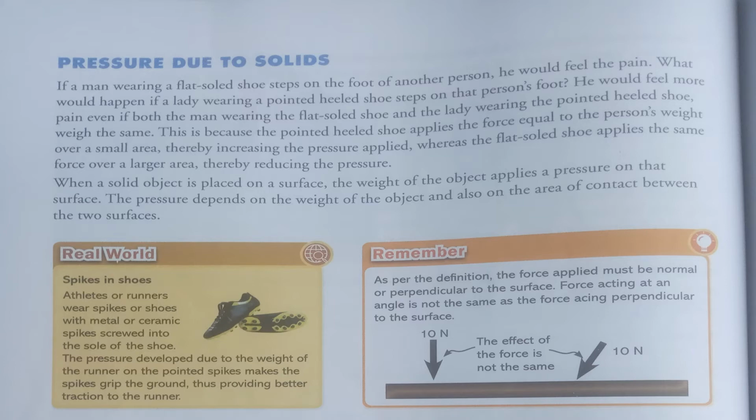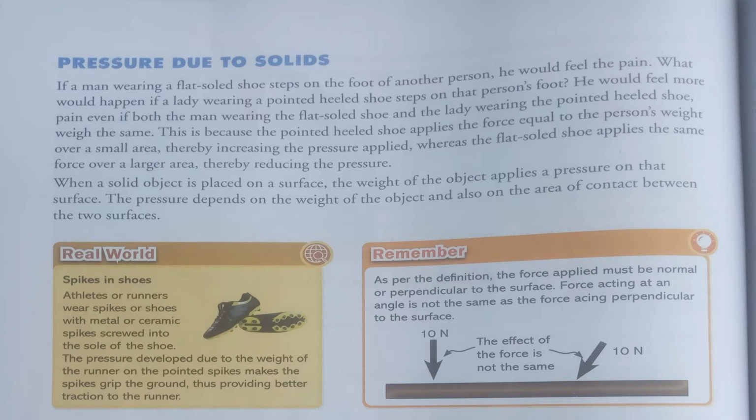So the pressure reduces. So you can say when a solid object is placed on a surface, the weight of the object applies a pressure on that surface, and the pressure depends on two quantities: the weight of the object and the surface area of contact between the two surfaces.